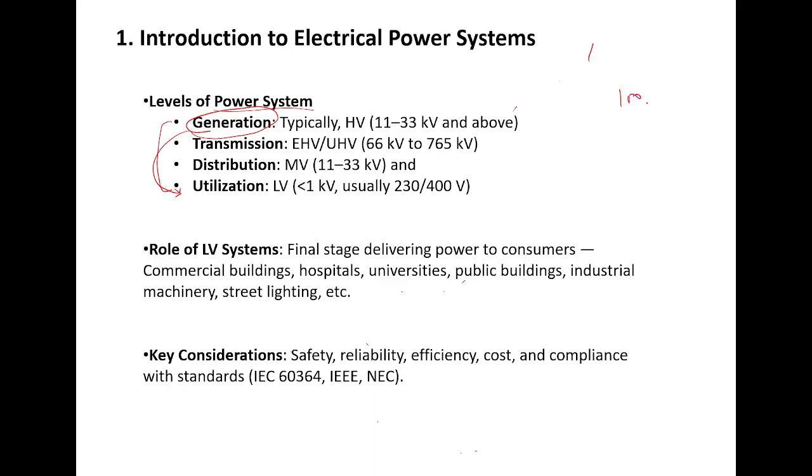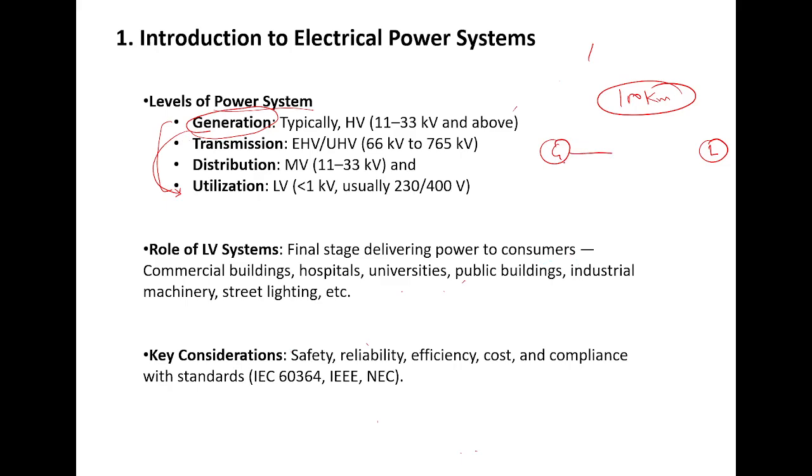Just for example, generating stations 100 kilometers away. So to transmit that generated electricity to my load, or to the lighting lamp which is installed in my bedroom, I need some more stages.